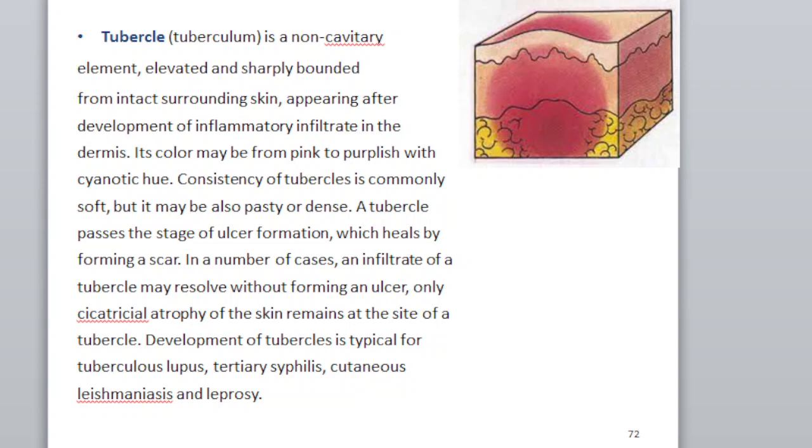In some cases, an infiltrate of a tubercle may resolve without forming an ulcer. Only cicatricial atrophy of the skin remains at the site of a tubercle. Development of tubercles is typical for tuberculous lupus, tertiary syphilis, cutaneous leishmaniasis, and leprosy. Next slide.